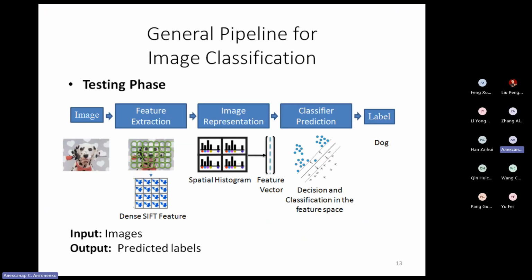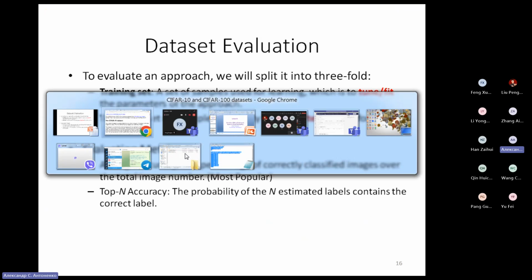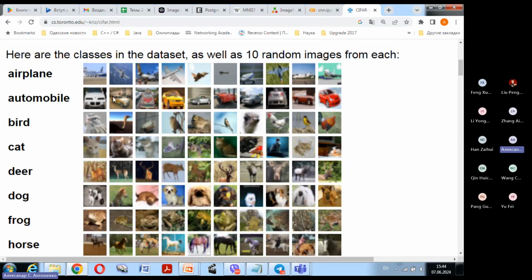So if we take, for example, 4 images, 1, 2, 3, 4, and for testing these 4 images, and we answer airplane, automobile, bird, and this answer deer.